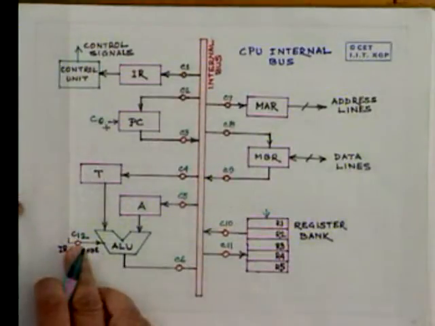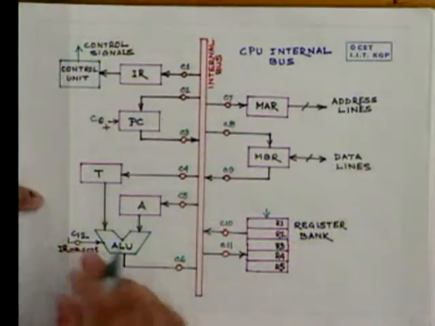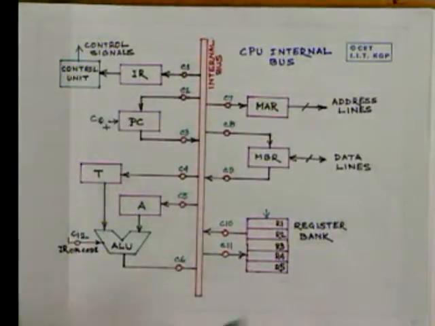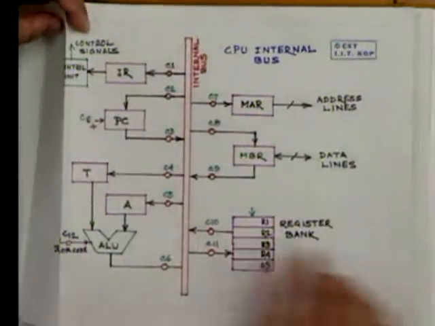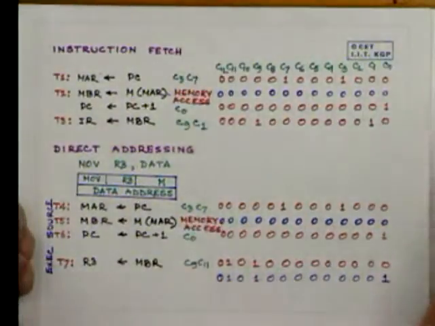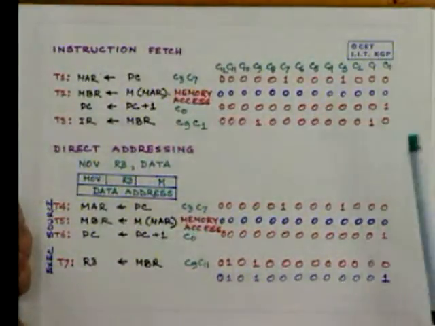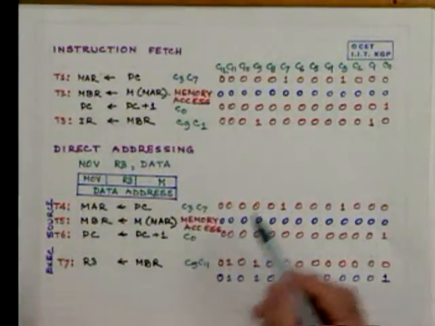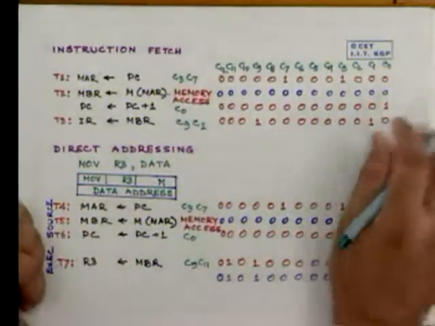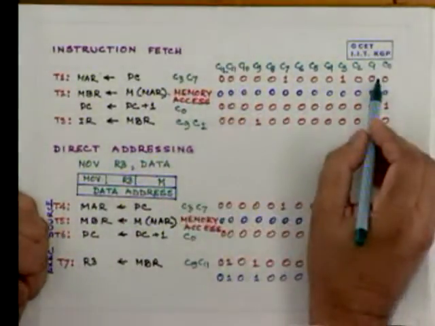Please take a correction: C0 to C12 are the different control points that are to be gated as per this code. Now, this we call a control word.